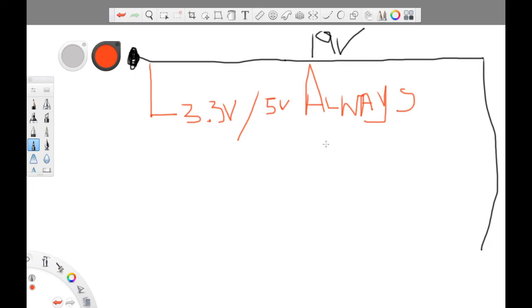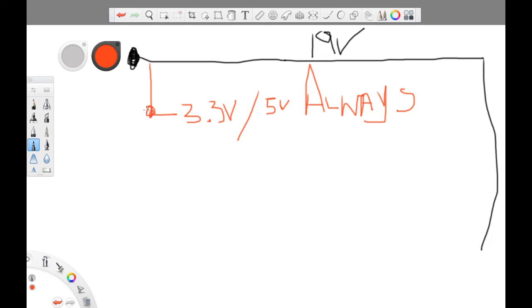Five volts always means this power is always on. As soon as you plug in your charger, which is 19 volts, there is a chip on the laptop that is responsible for taking the 19 volts from the charger and turning it into 3.3 volts and 5 volts always. Okay, let's go ahead.